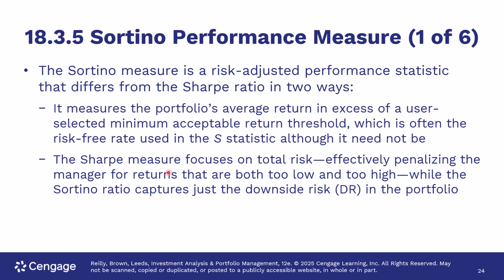The Sharpe measure focuses on total risk. Remember, the Sharpe ratio in the denominator is divided by sigma. That's total risk, effectively penalizing the manager for returns that are both too low and too high. If total risk is the entire distribution, the total volatility of returns, in investments I don't think there's anything that would bother me called too high a return.